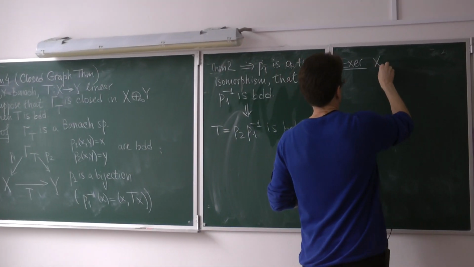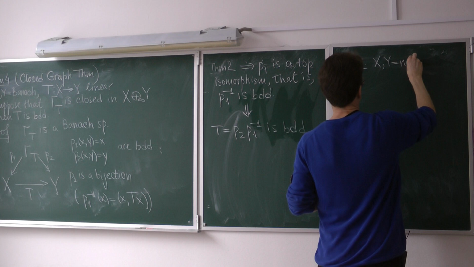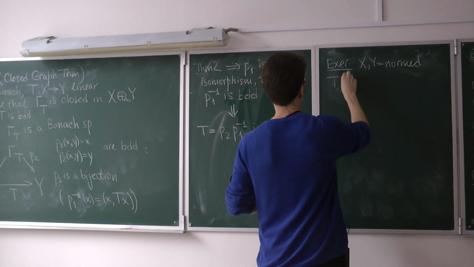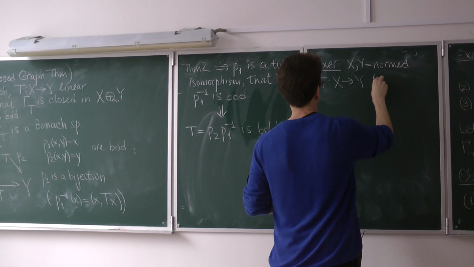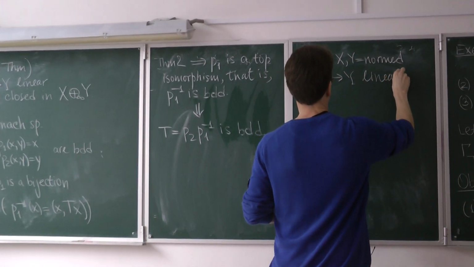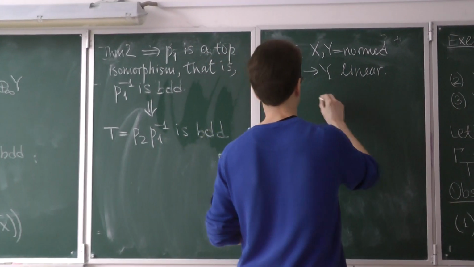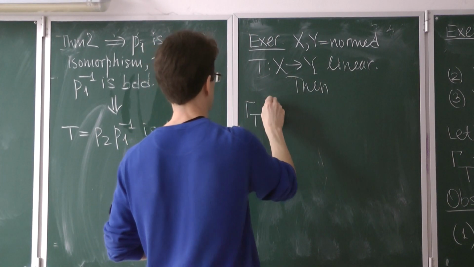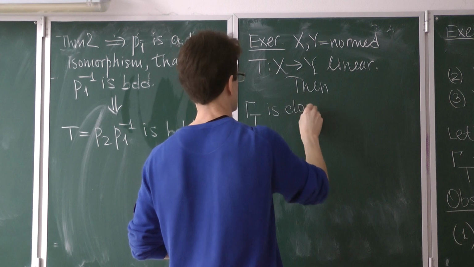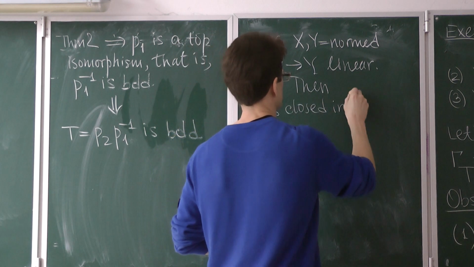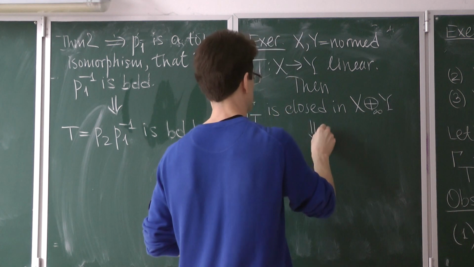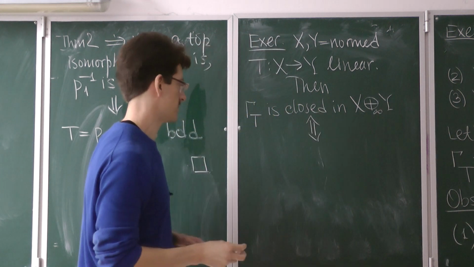So suppose that X and Y are normed spaces, and T is a linear operator from X to Y. Then the graph of T is closed in the direct sum if and only if the following condition holds.